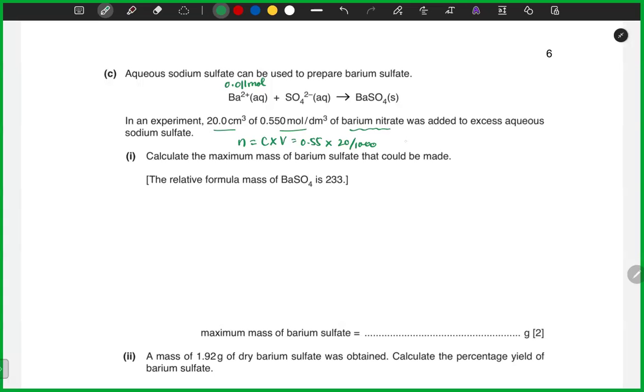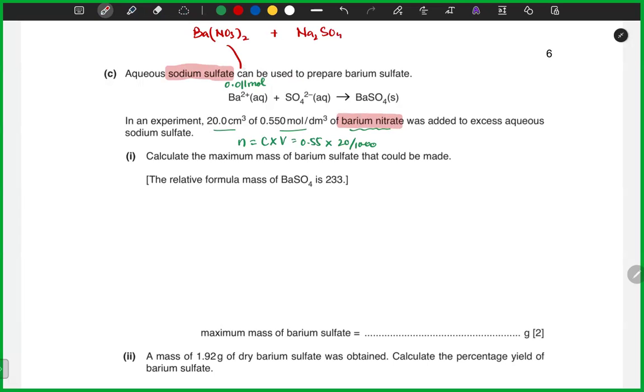Okay, he's given me the ionic equation. Let me explain the question again. He's reacting sodium sulfate with barium nitrate. So the ionic equation is that he has barium nitrate and he's mixing it with sodium sulfate.